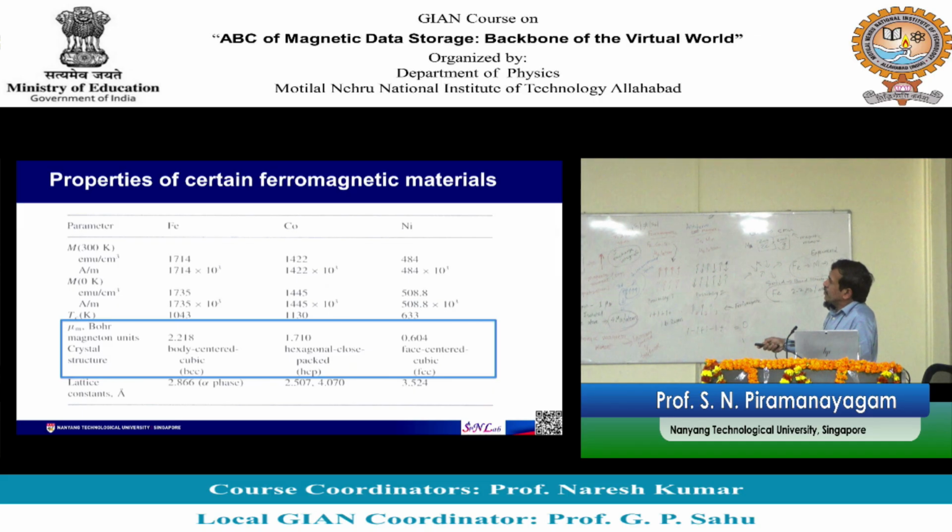You can also see that this is reflected in the MS values. The one with the highest Bohr magneton per atom has the highest MS, 1714 EMU per cc, and this is in the middle. So, it has a medium value of magnetization, 1422, and this has the lowest Bohr magneton per atom, nickel, and you can see its magnetization is lower. Okay.